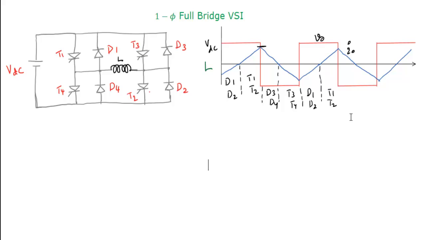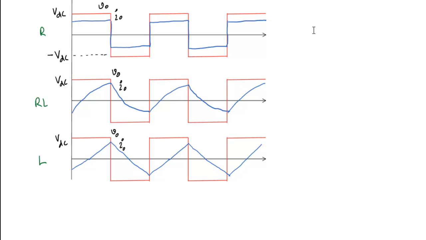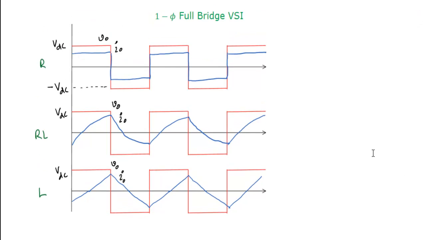Now we have discussed the full bridge inverter with R load, RL load, then pure inductor load. If you consider all these loads, we get waveforms like this. So this is R load, then RL load, then pure inductor load.